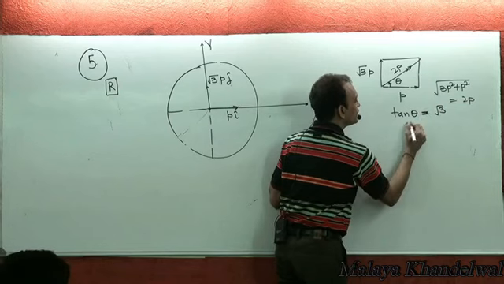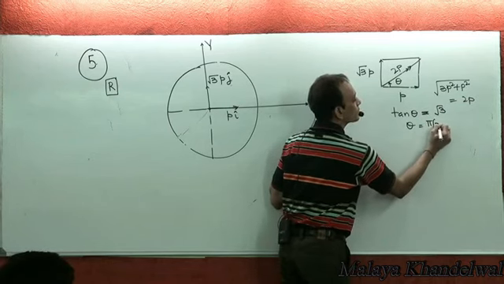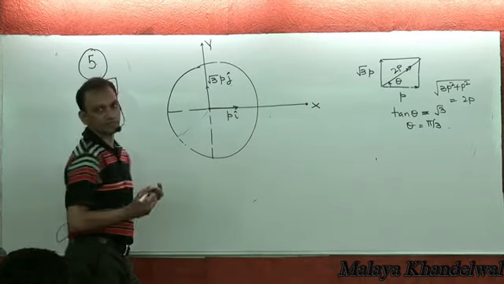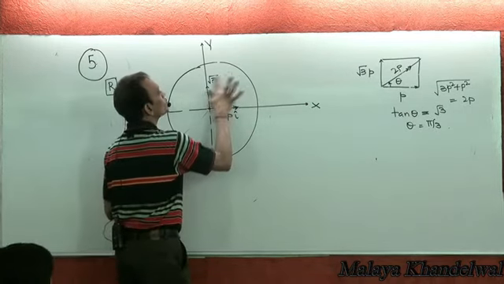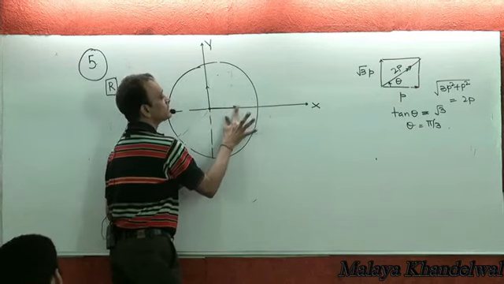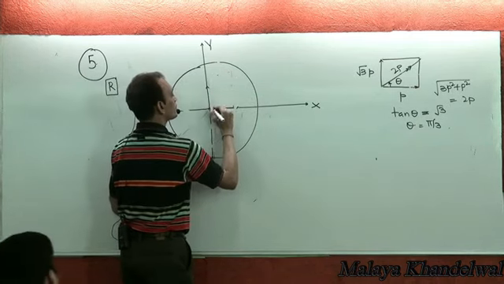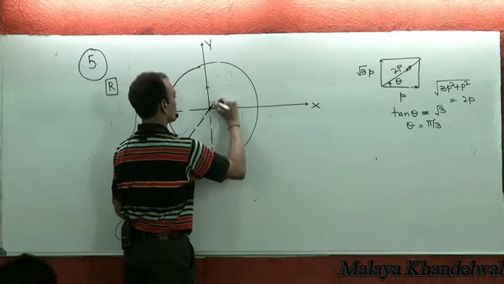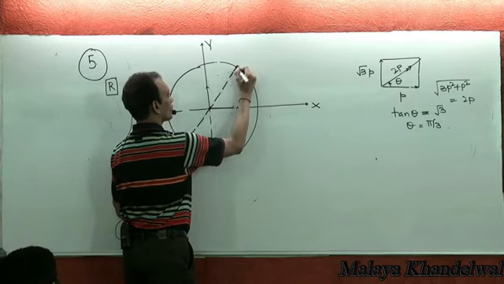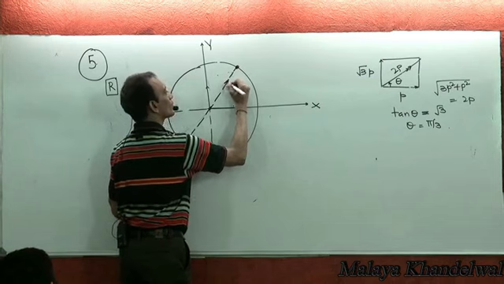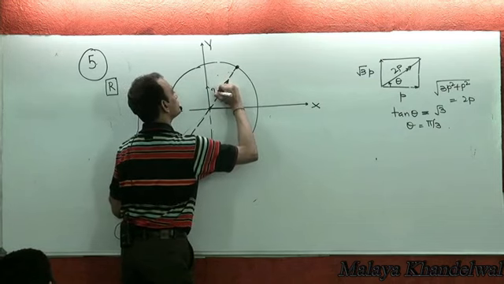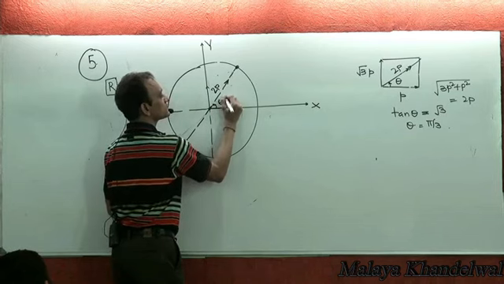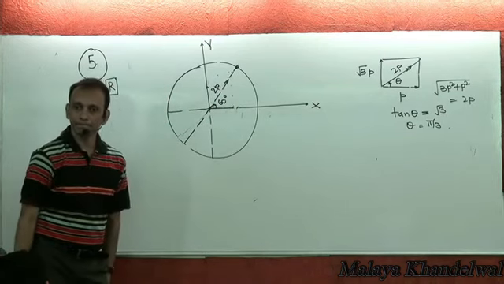Theta is therefore 60 degrees. So, first things first, this entire thing could be replaced by a single dipole 2P, making an angle 60 degrees with the x-axis. Right?